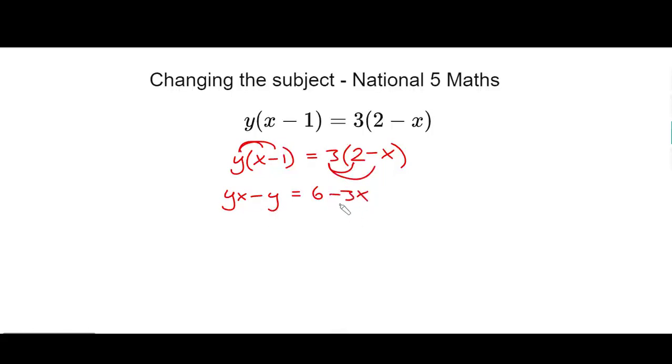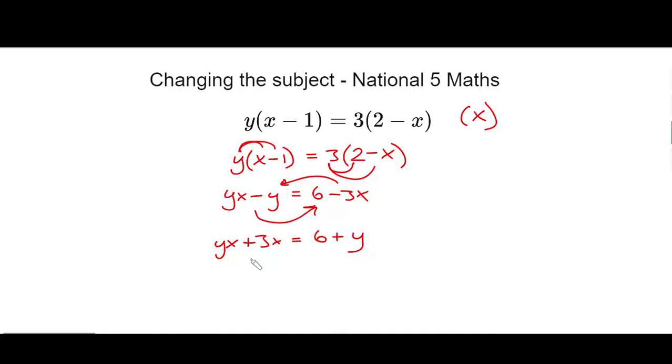But again, let's get the x terms because I'm wanting to rearrange this for x. Okay, so let's get the minus y over this side, and let's get this minus 3x over this side. So that becomes yx plus 3x is equal to 6 plus y.